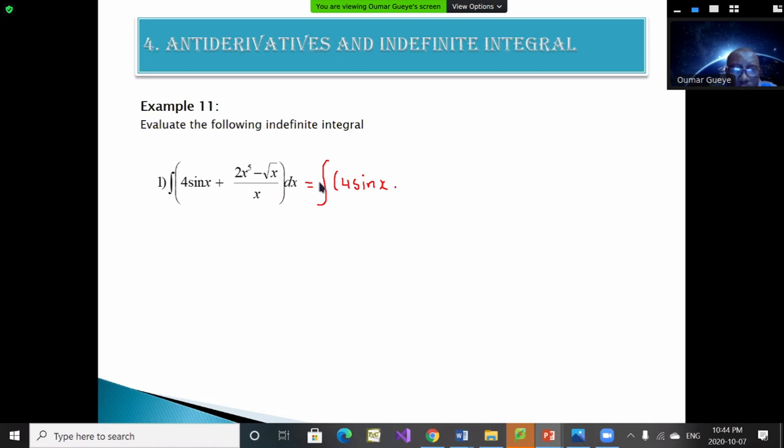In this case, I'll get here plus 2x to the power 5 minus, but root of x is equal to x to the power half. It's going to be x to the power half over x.